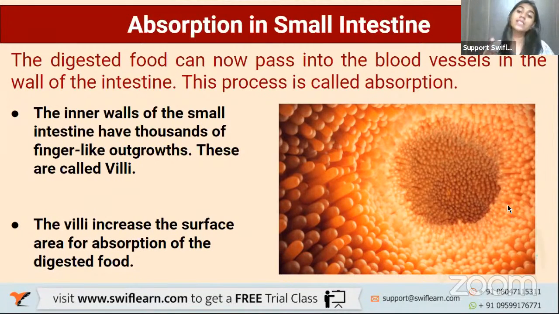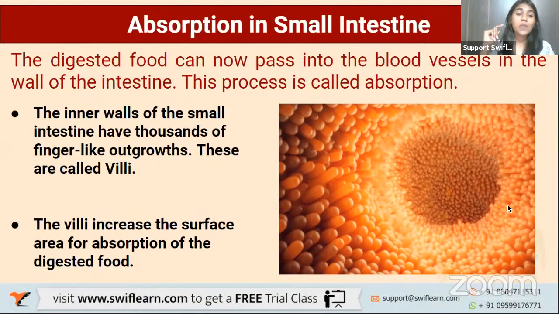Once the nutrients are broken down, the next function is to absorb glucose, fatty acids, glycerol, and amino acids into the blood. That starts from your small intestine.